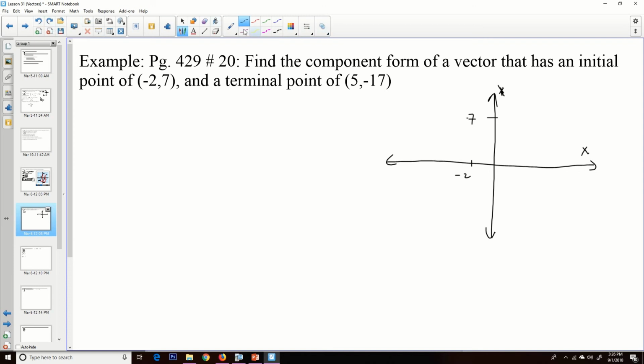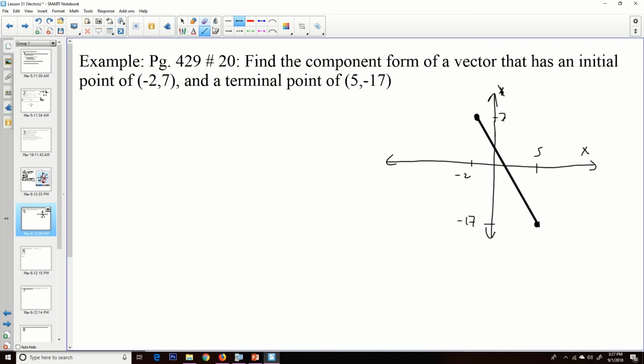Okay, 7. There's my initial point, and then I have a terminal point at 5, and negative 17. So we'll call that 5 right there. And so let's put a little ray, initial point, final point right there.